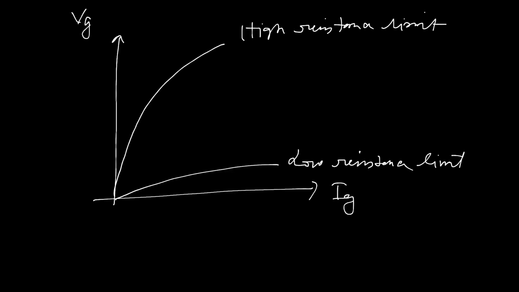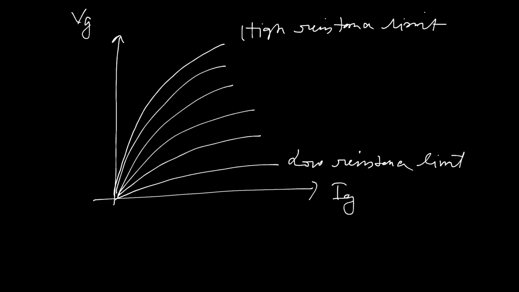That means the gate characteristics of any kind of SCR should lie between these two maximum and minimum range of resistance path or resistance limit.